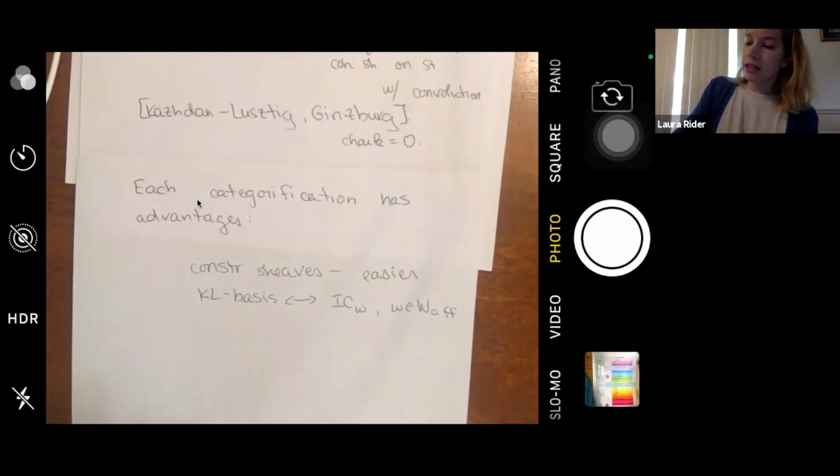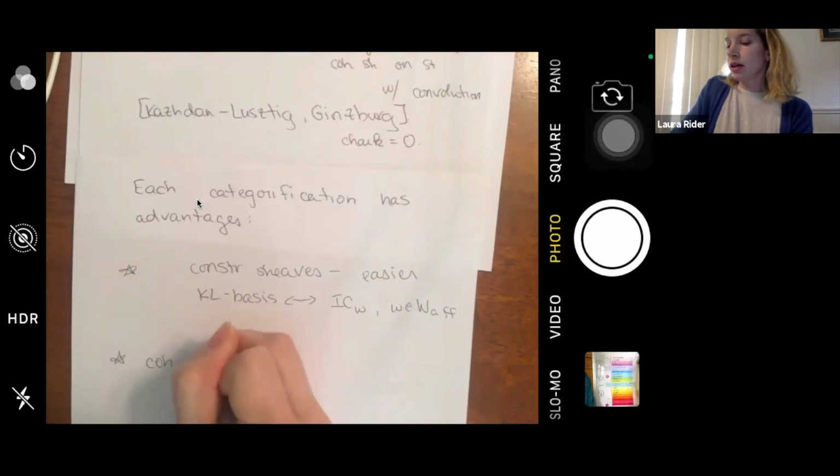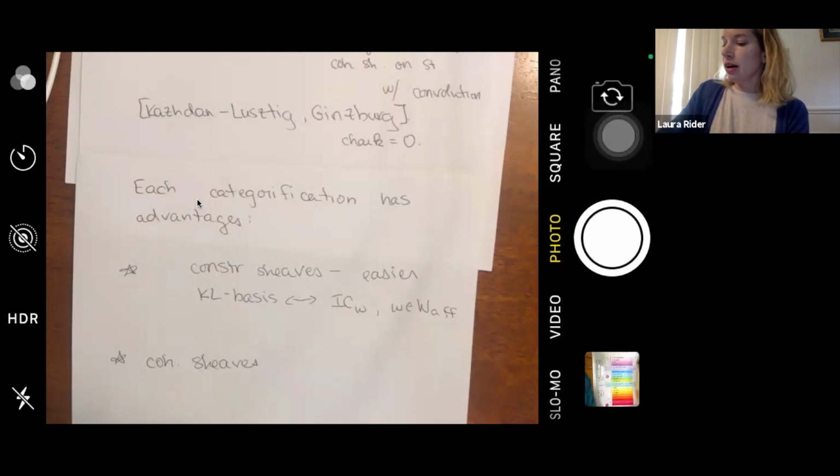On the other hand, if I'm looking at coherent sheaves, then it's easier to see what is known as the Bernstein presentation.